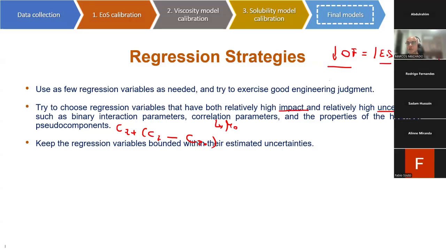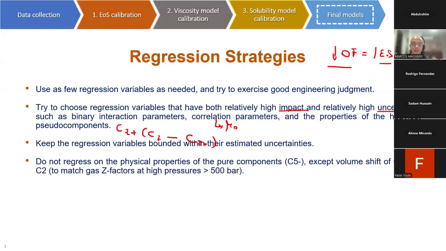You cannot assume that the heaviest component has a lower critical pressure when compared with methane. There is some quality control that you need to ensure just to preserve the thermodynamic consistency of your model. This is key for us. This is very important for us.